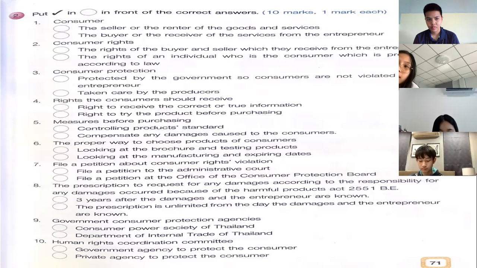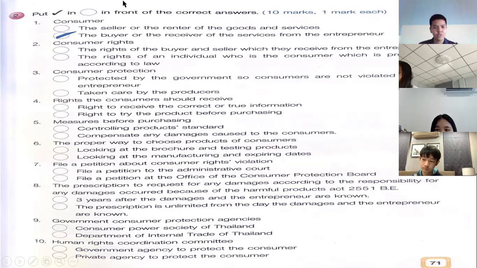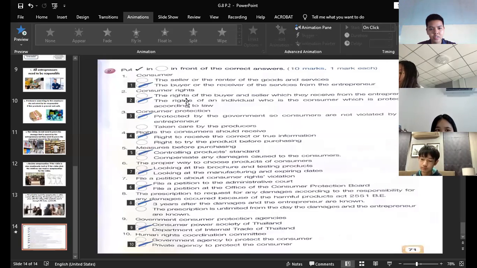The seller or the renter of the goods and service. Okay, that's your answer for number 1? Okay, so number 1 for consumer, the seller of. Okay, so I'm confused. Wait first. So for consumer, give me a second.